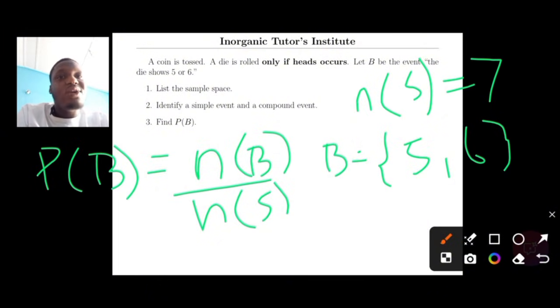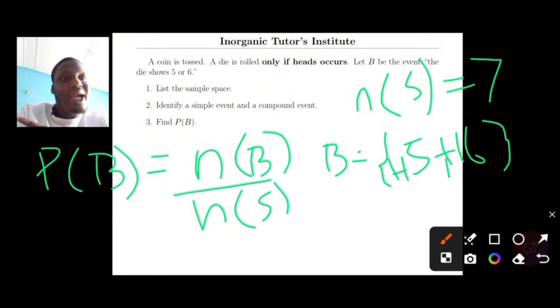And we don't have 5 or 6. Okay, so it's a bit tricky to get you. Actually, it means that B is equal to H5 or H6, because you can only roll 5 or 6 if you've passed the tossing.